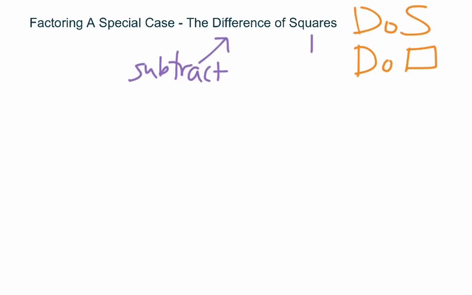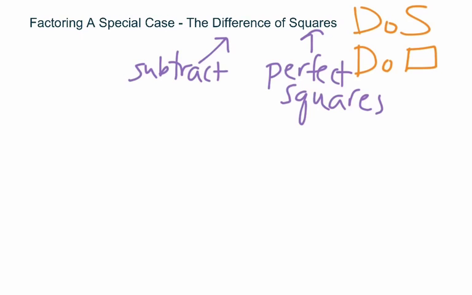And then squares refers to perfect squares. We'll talk about what perfect squares are, but that's what we're talking about: numbers that are perfect squares. Sometimes you'll see this written as the difference of two squares, and two just means that there are two terms in it.